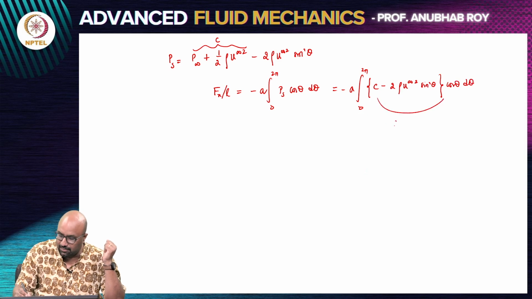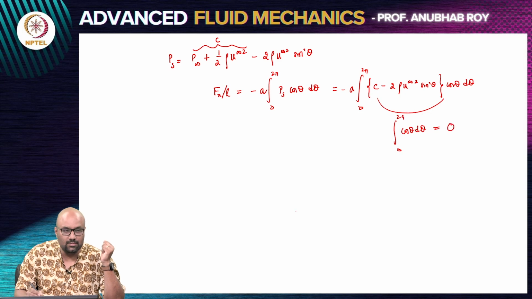The first term is an integral of cos theta d theta from 0 to 2 pi, which is 0. If you had a constant pressure and integrated over a closed loop, you are basically going to get a 0 force. There will be no variation, and no force acting on the object.